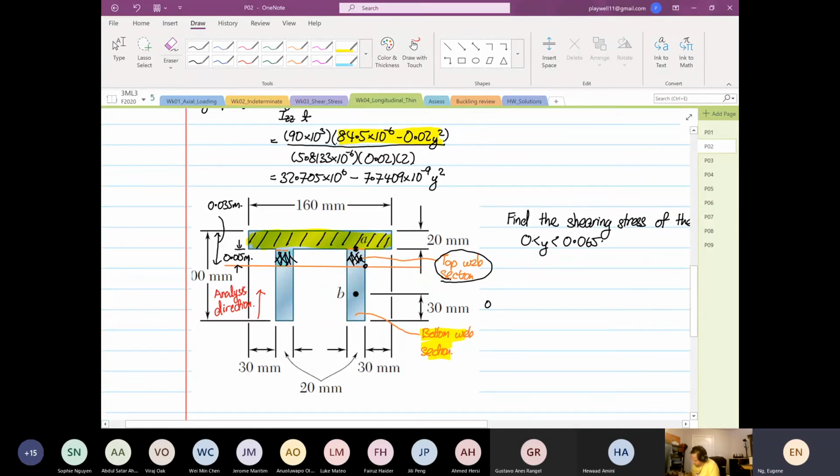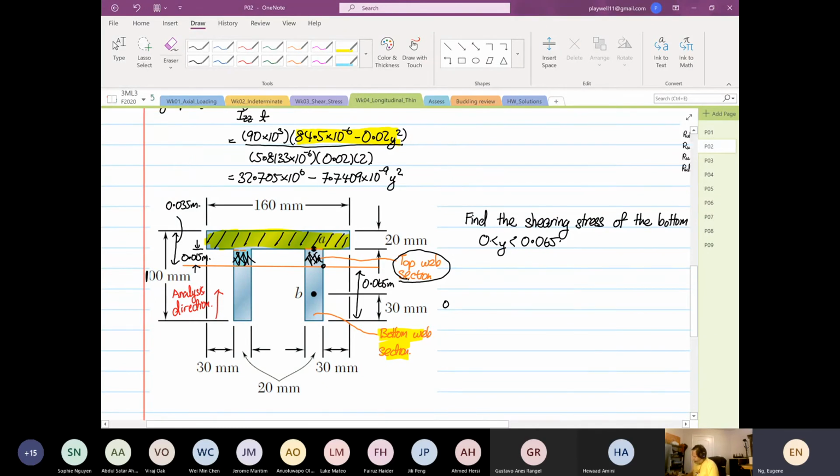Why 0.065? Because this entire thickness is 0.1 meters, so the height of the section over here is equal to 0.065 meters, or 65 millimeters.